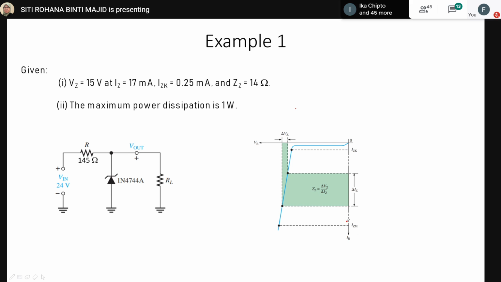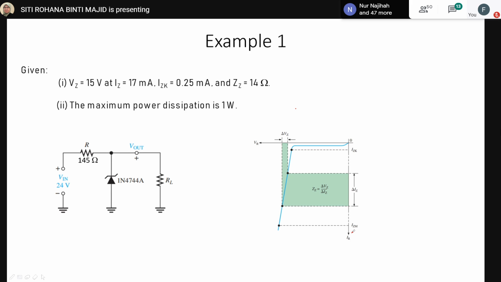Okay. So IZM actually is the maximum current that can flow through the Zener diode. So that means when we have a Zener maximum current for the Zener diode, we also have PZM, which is the maximum power dissipation at this particular region.